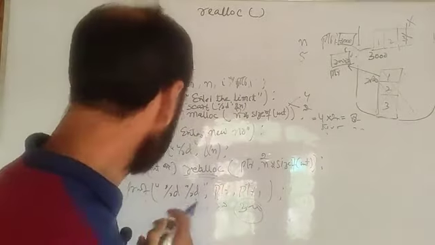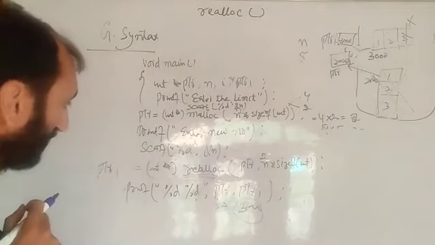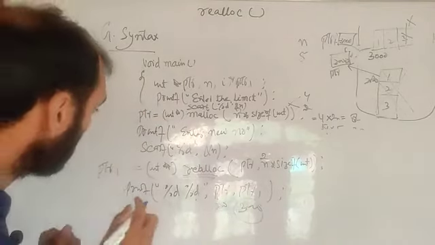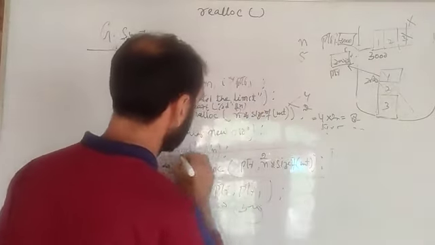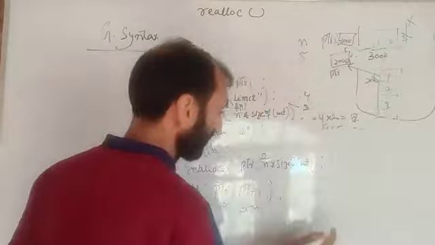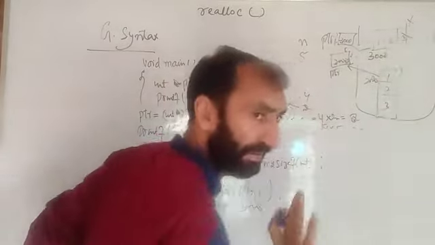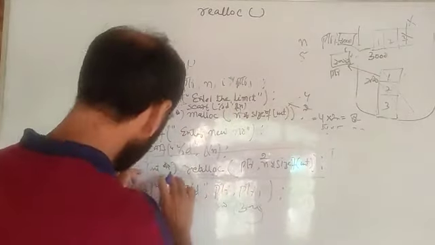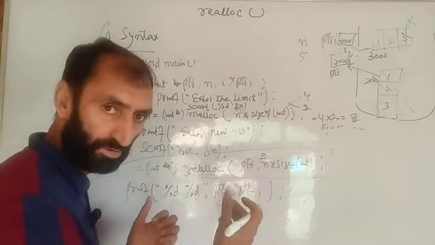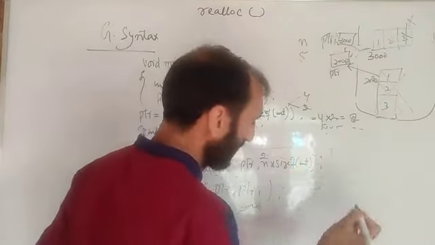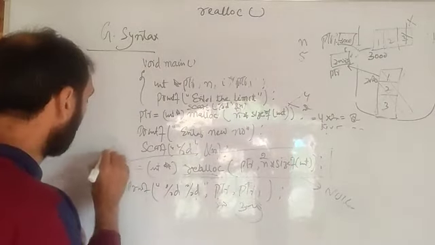Next thing that we have to keep in mind regarding this realloc function is that, if due to some reasons or memory constraints, it fails to modify or increase the previously allocated memory, at that time it will return null. That means this pointer will be null.